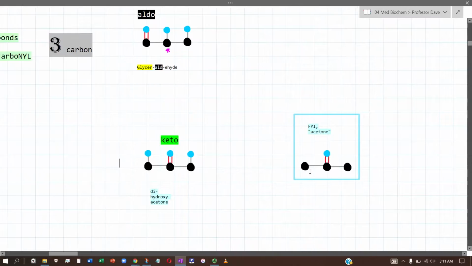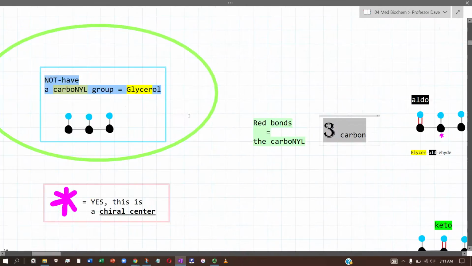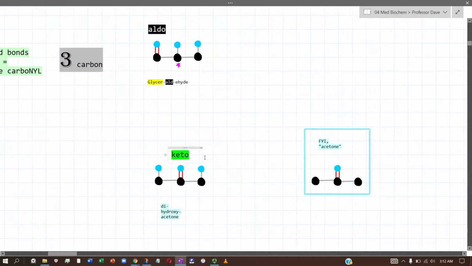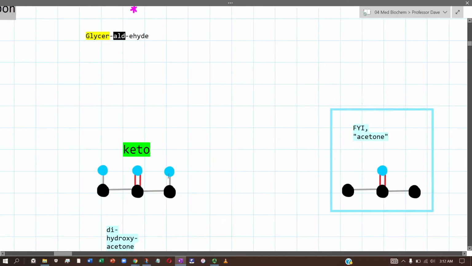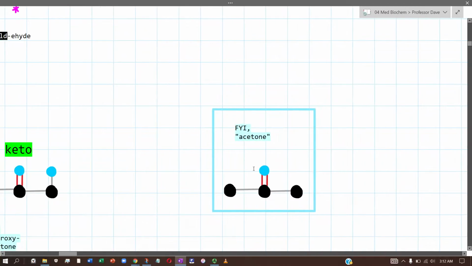So similar to how we referenced glycerol over here, this simple molecule, all carbons with some hydroxyl groups, likewise, we can reference another molecule over here. So when it comes to this acetone, it's 3 carbons with a carbonyl, but there are no hydroxyl groups elsewhere.